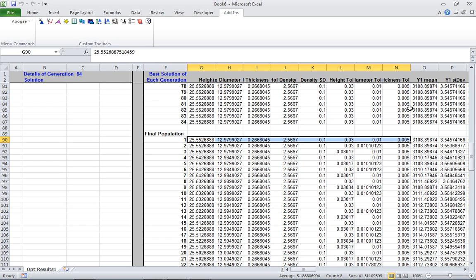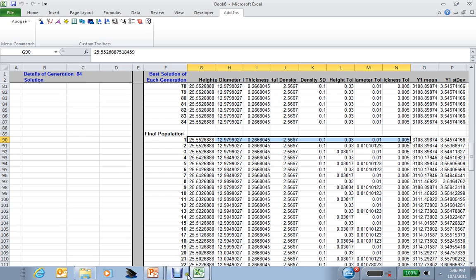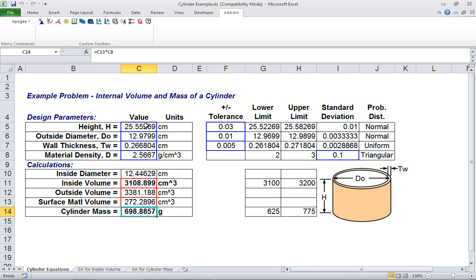So let's go back to our Excel worksheet, the original sheet we had, and we see here the new values, which are different than what we started with. These are the final values that were selected as the best run out of our various generations in our optimization routine.